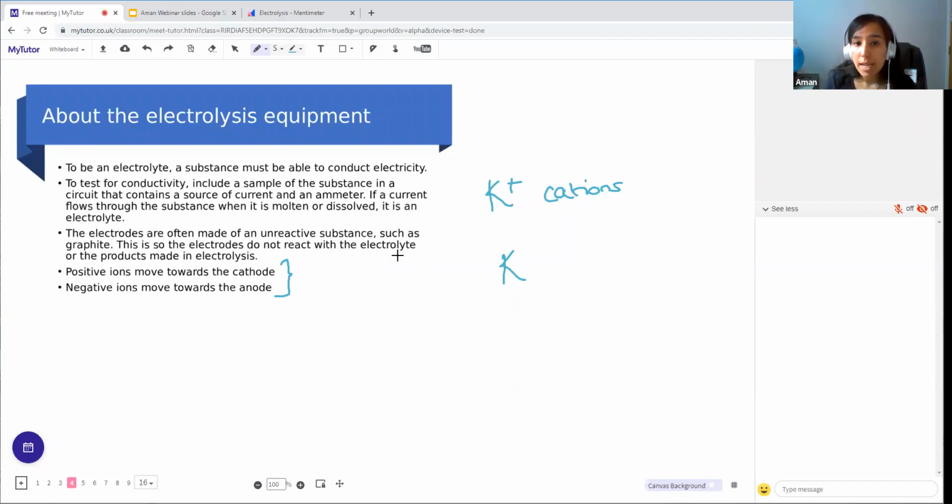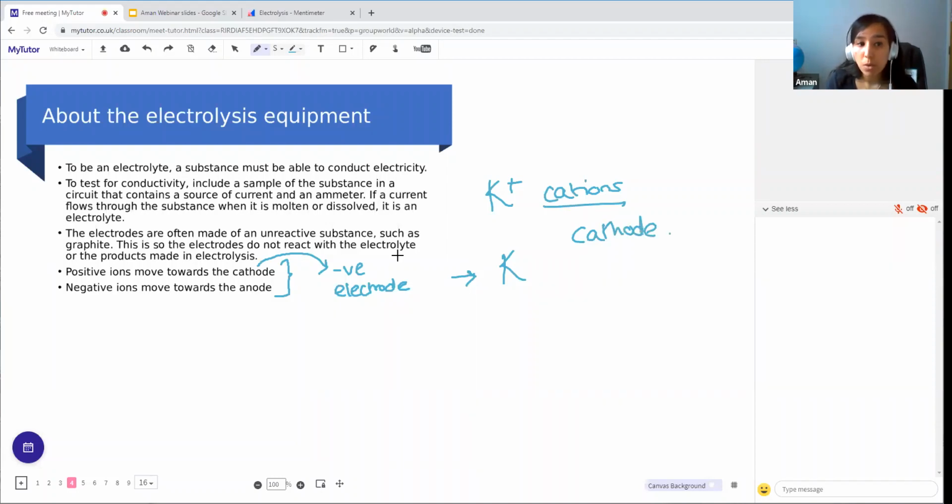For it to gain an electron, it needs to go to the negative electrode, or the electrode with electrons. So the negative electrode is the cathode. These potassium ions, which are positively charged, get attracted to the negatively charged cathode. They gain an electron and become potassium. So the way I remember it is the cations are attracted to the cathode.